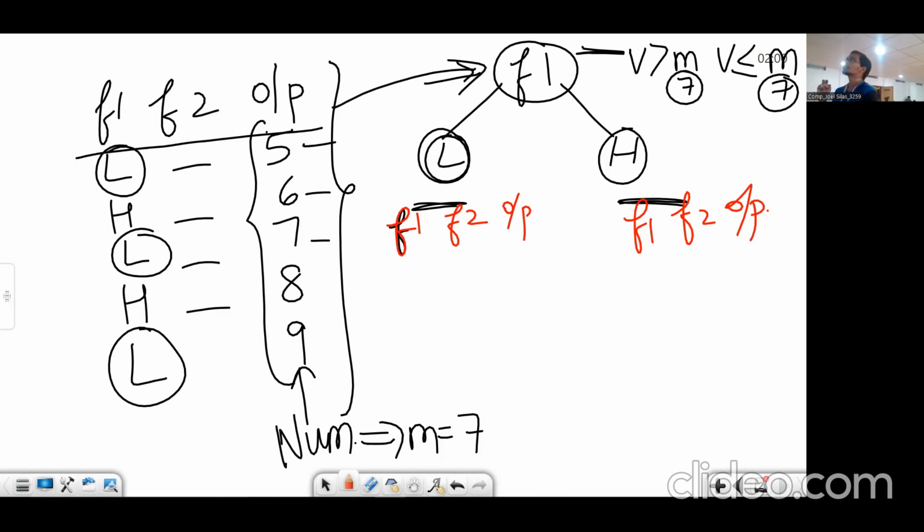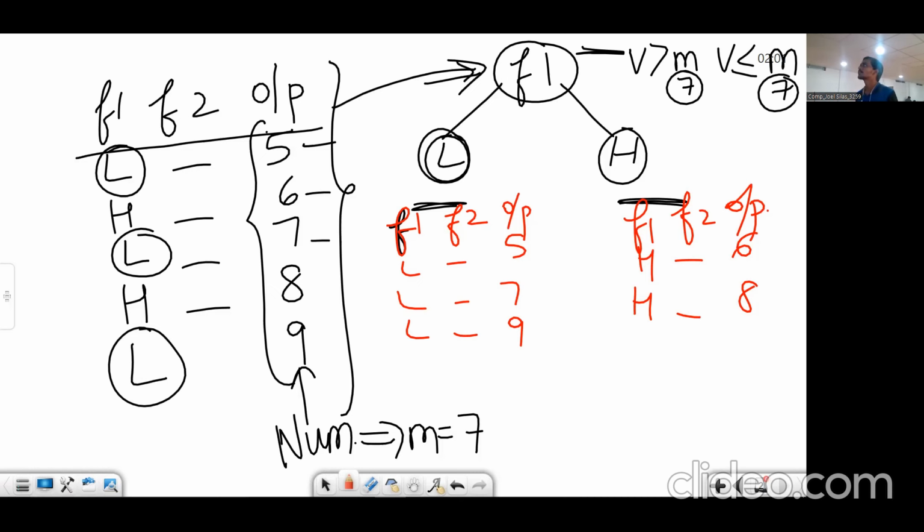So here F1 should be low only. So low, low, low. We have 3 examples where F2 may be something and output is 5, 7, 9. And here F1 is high only, some value, and output will be 6 and 8. So we have got 2 subsets of the data set based on whether F1 is low or high.